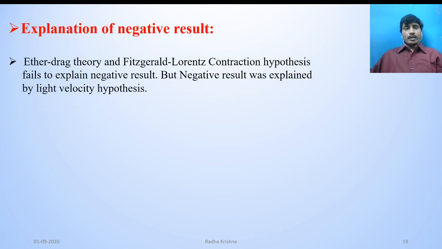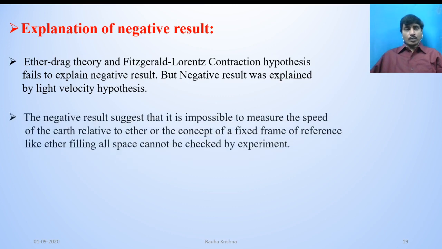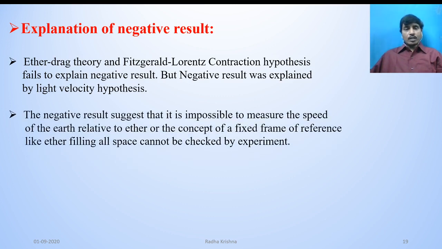Either drag theory and Fitzgerald-Lorentz contraction hypothesis fail to explain the negative result, but the negative result was explained by the light velocity hypothesis. The negative result suggests that it is impossible to measure the speed of the earth relative to ether, or the concept of a fixed frame of reference like ether filling all space cannot be checked by experiment.